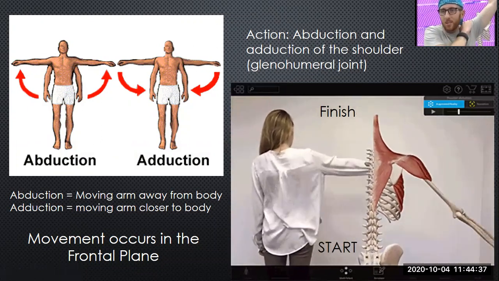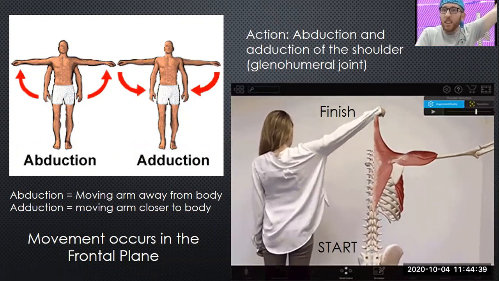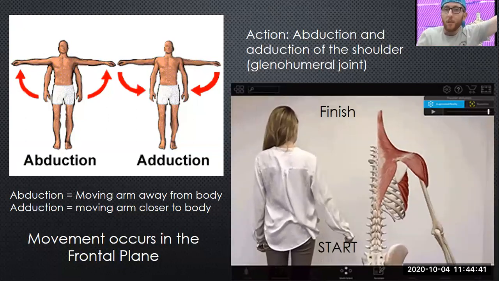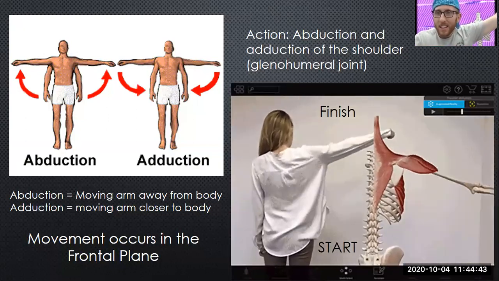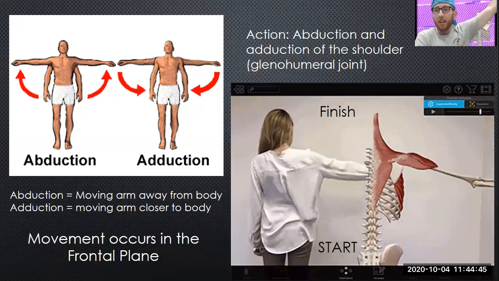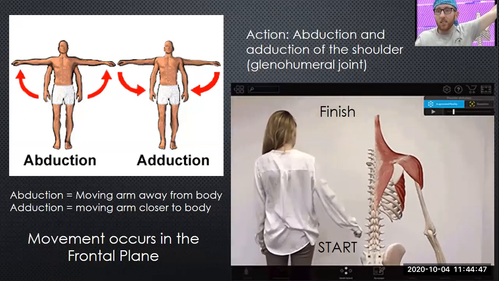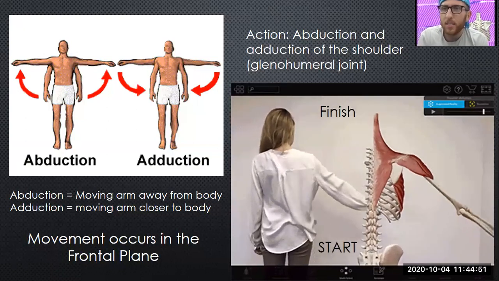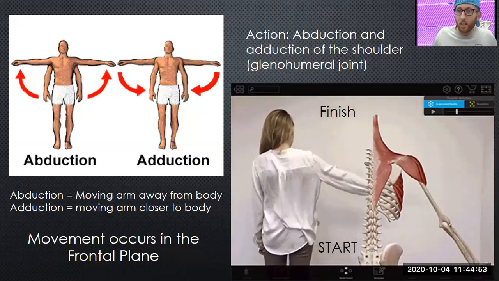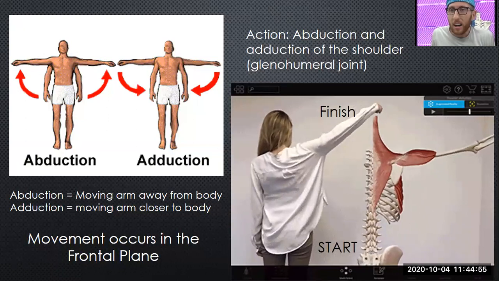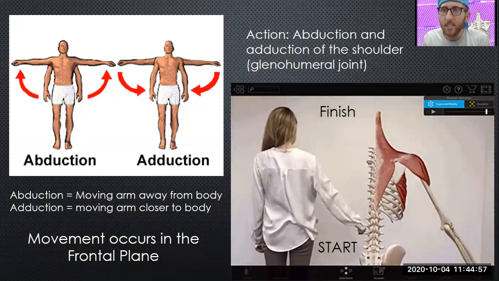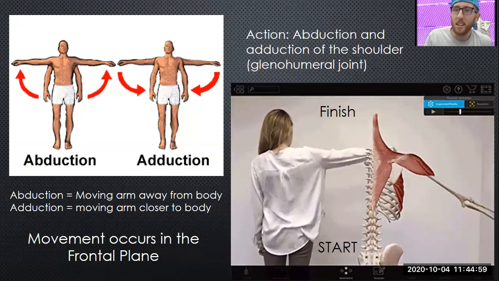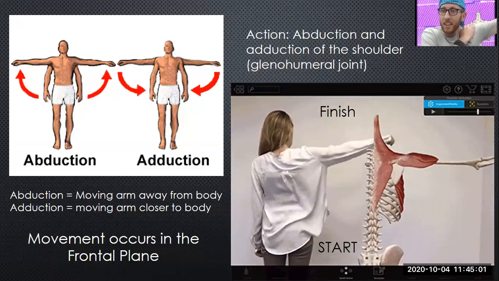Mainly the deltoids working here. It's moving the arm away from the body. AB, away from the body, but adduction is bringing it back to your body. So I always think you're going to add your arm back to your body when you adduct it, and when you abduct it, you're taking it away.